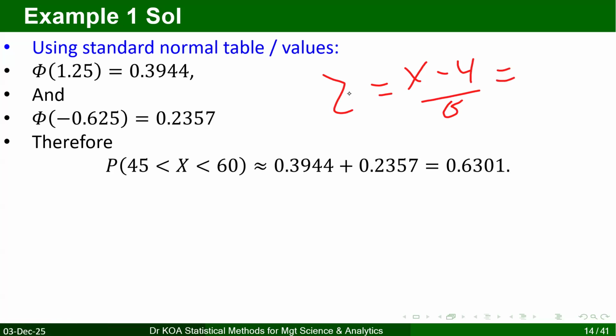We don't know the X now, but we know that the Z is 1.28. Are you going to make it plus or minus? Plus, because we are dealing with the right-hand side. Good. So you now do 1.28 equals X minus 50 over 8. The mean is 50, right?